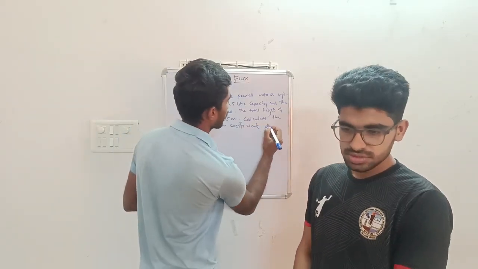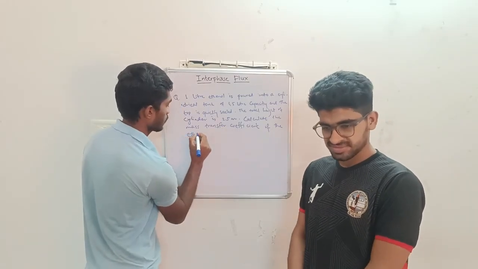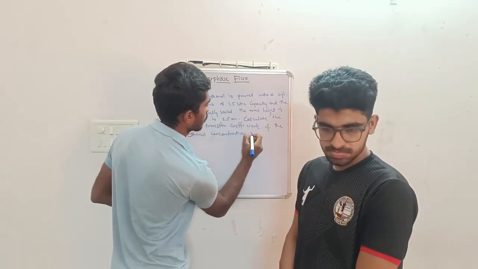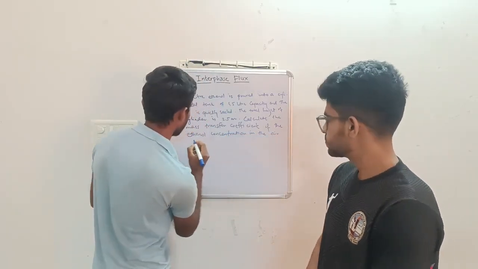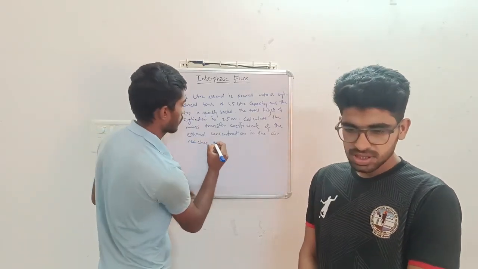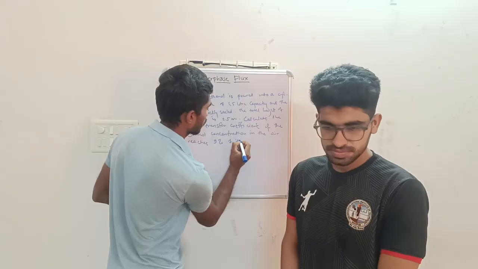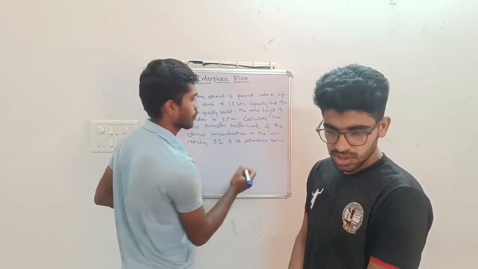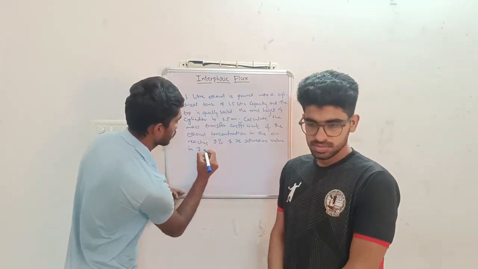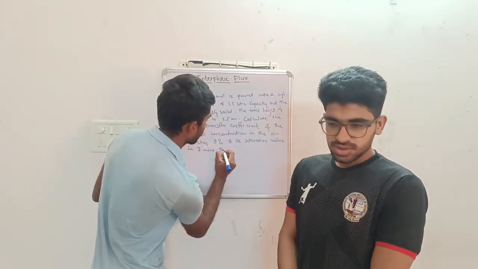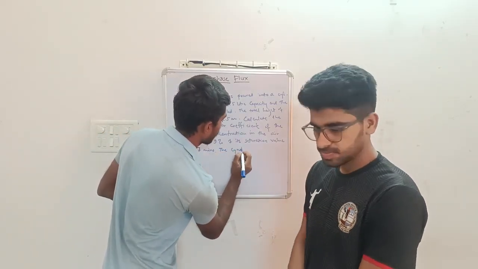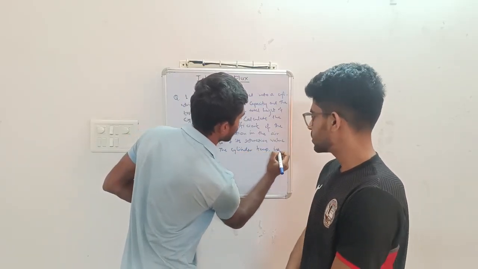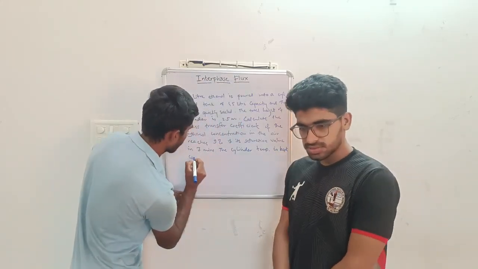If the ethanol concentration in the air reaches 9% of its saturation value in 7 minutes, the cylinder temperature is kept constant at 20 degrees Celsius.